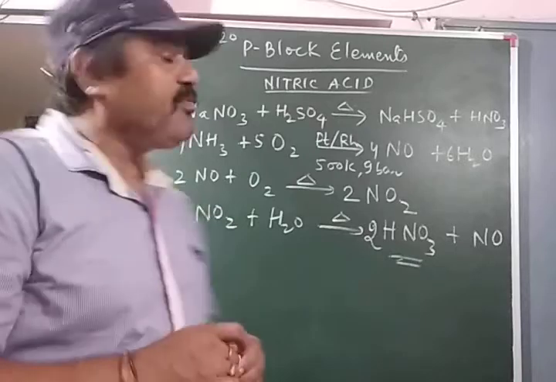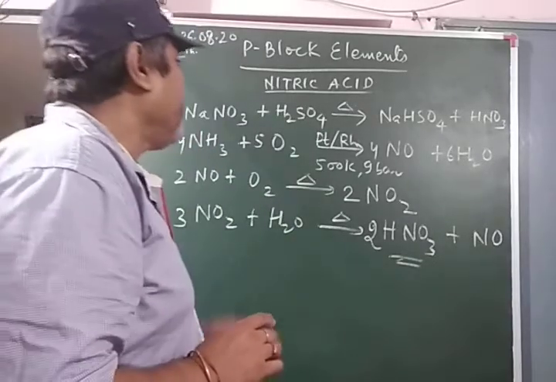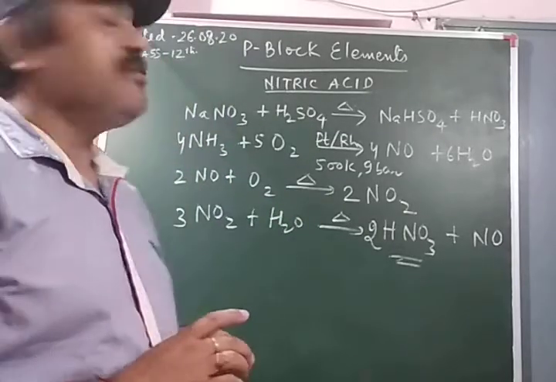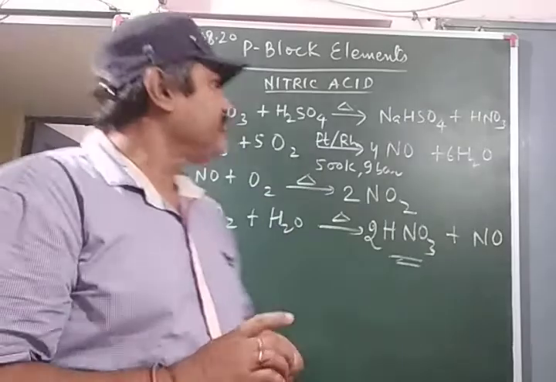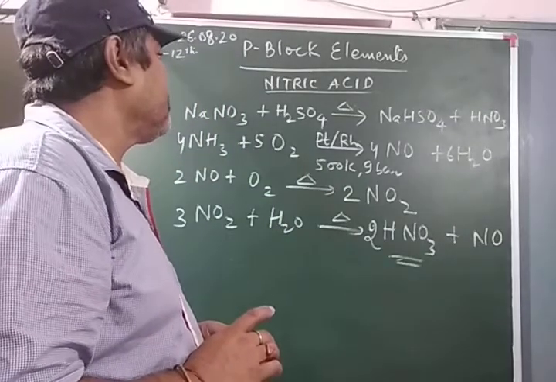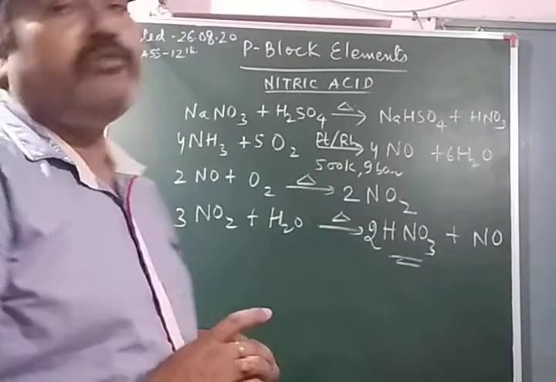Now we proceed toward the chemical properties of nitric acid. A very large number of chemical properties of nitric acid exist. Initially, we will discuss the reaction of nitric acid with metals, then with non-metals.